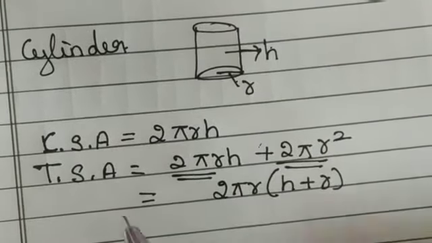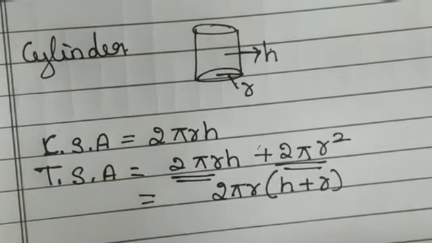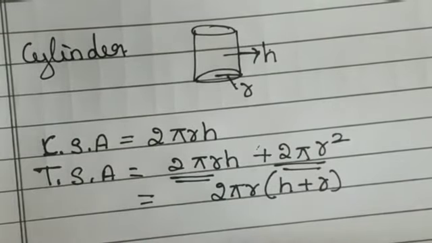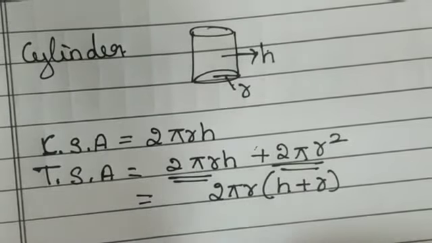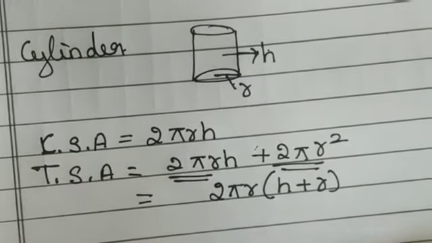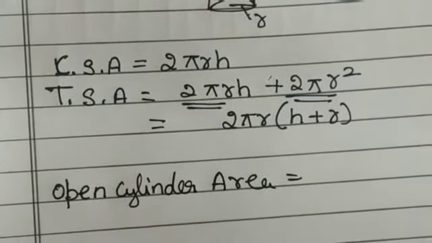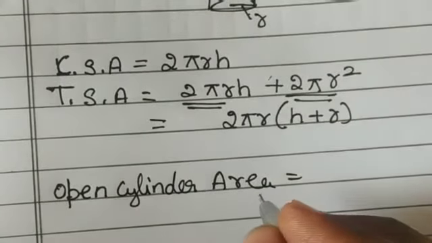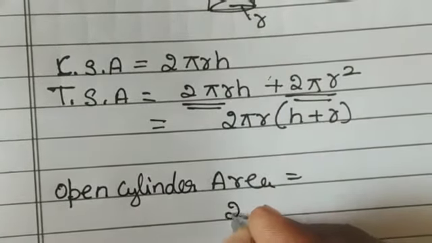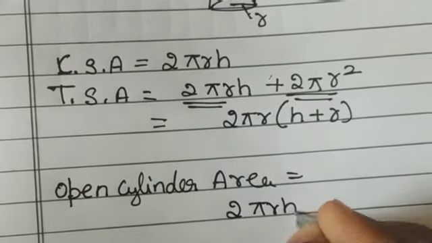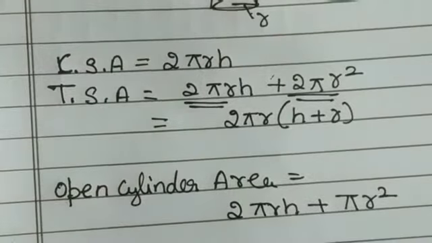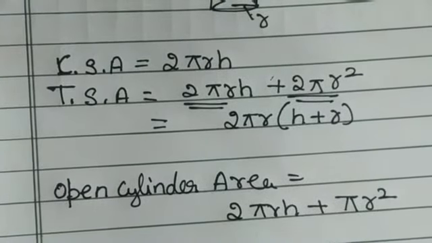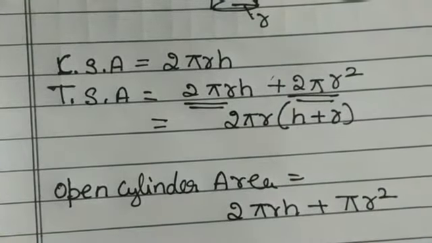Now the open cylinder. If they tell us to find the area of an open cylinder, what formula are we going to write? We will write the formula for when one part is open. So one part is open. For that we will write the formula 2 pi rh plus pi r square. We will not write 2 here; we will write only pi r square.